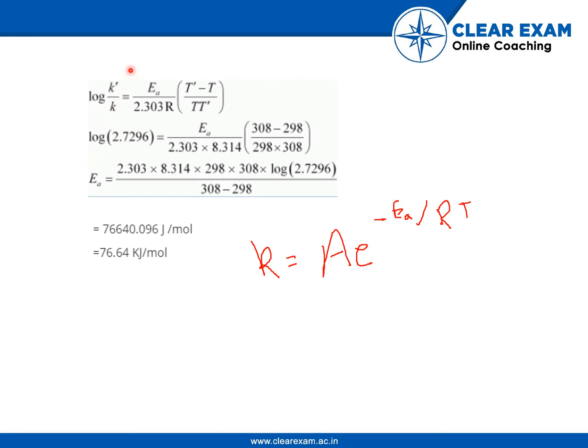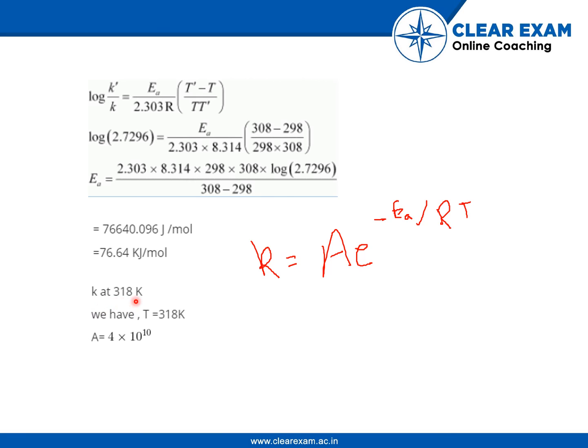We got the ratio K dash by K as 2.7296 in the previous slide, and we know the values of T dash and T as 308 and 298. So we just put in the values, and EA is the only variable. After solving this equation we get the value of EA as 76.64 kilojoule per mole.